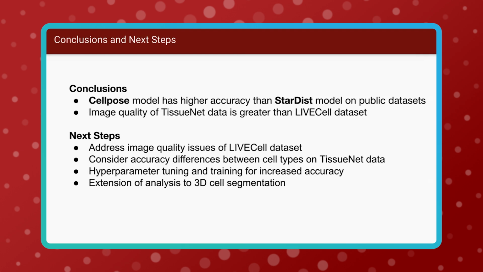Moving forward, we're going to look at addressing the image quality issues of the LiveCell dataset, and considering the accuracy differences between different cell types on the TissueNet data. Looking forward to hyperparameter tuning and training for increased accuracy. And then lastly, extending this project into analysis of 3D cell segmentation.